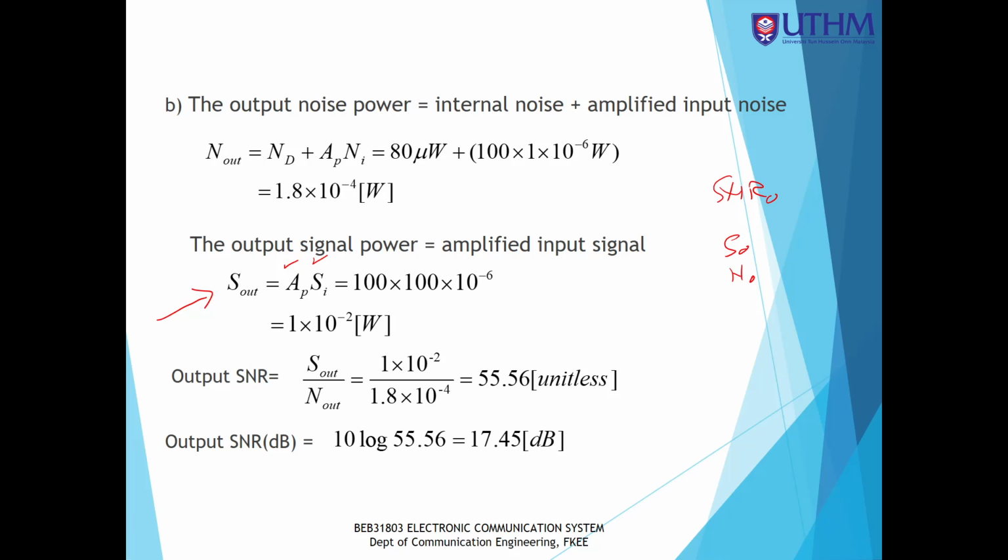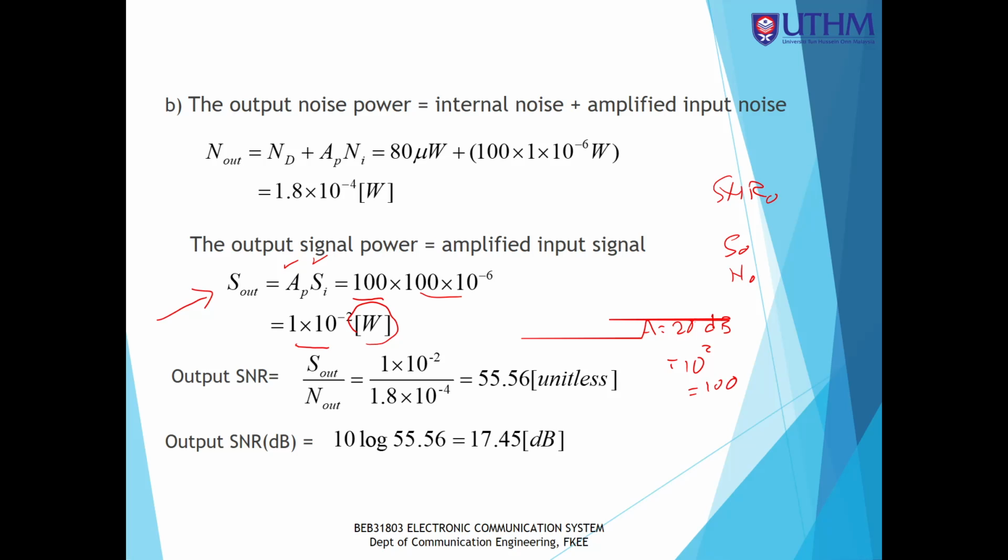Tadi diberikan gain 20 dB, that means A equal to 20 dB. So this is equal to anti-log of 2, so you akan dapat 100. Ini sebabnya datangnya 100. So 100 darabkan dengan 100 mikro, so you akan dapat 1 kali 10 kuasa negatif 2. Dapat SO. Remember, power dalam sebutan watt.